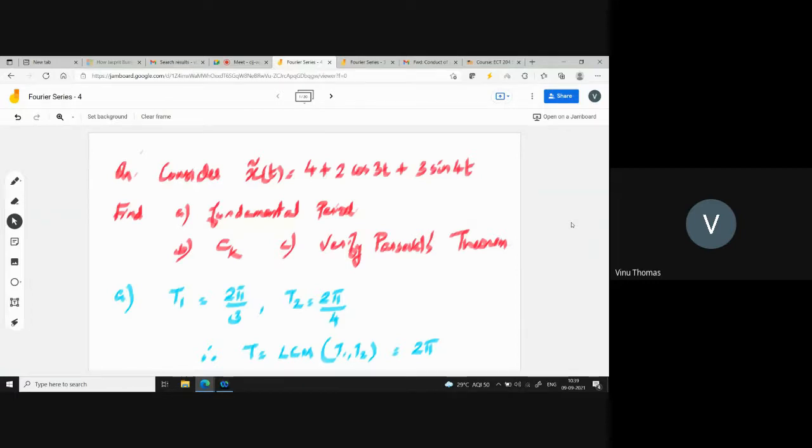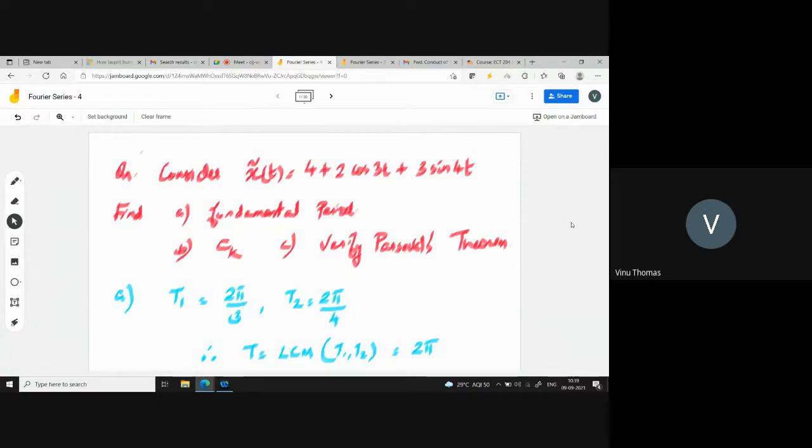This is in fact what is called the trigonometric Fourier series expansion for x tilde of t, because you already have a constant, cosine terms and sine terms. From this trigonometric Fourier series, you have to evaluate the fundamental period of the signal and also the exponential Fourier series coefficients.